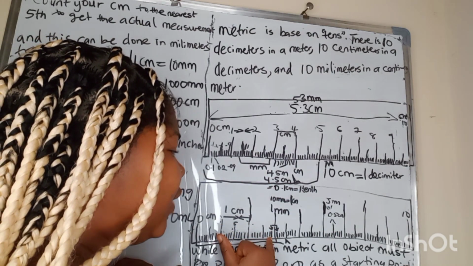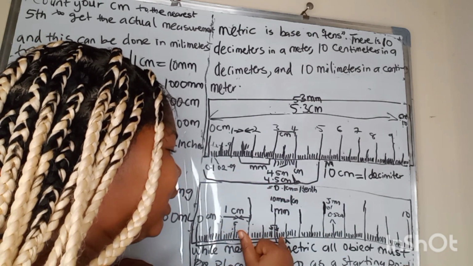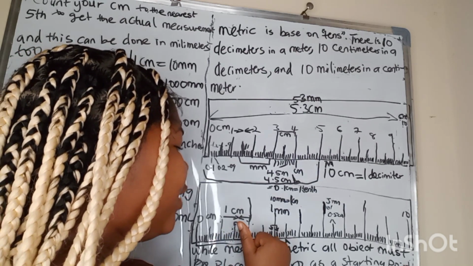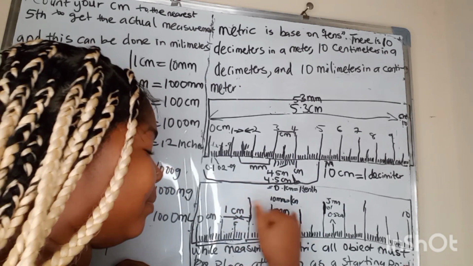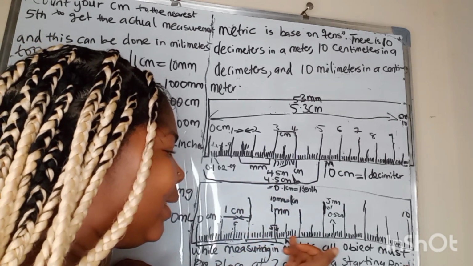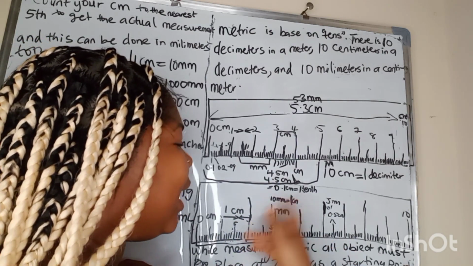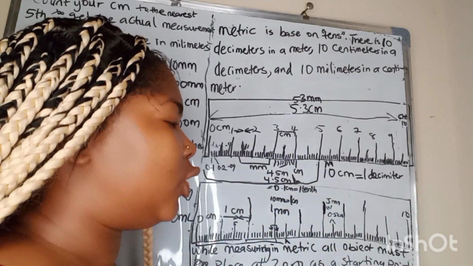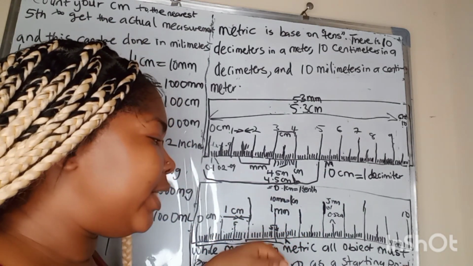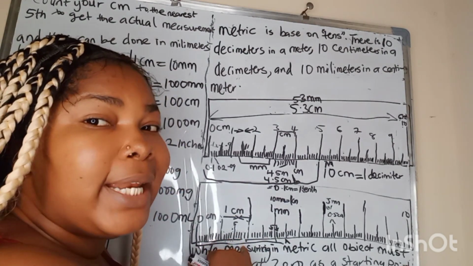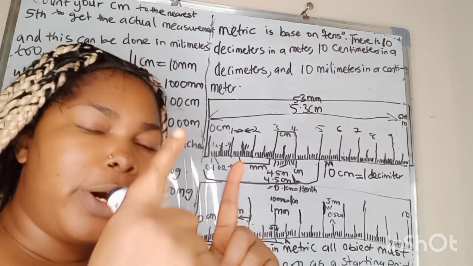Now, in between your hash lines, you have 1, and then you have your longest line, and you have the next one. You can refer to them as millimeters. That's what I just explained. These tiny unit lines or hash lines are referred to as millimeters. So just have it in your mind that 10 of these millimeters, the tiny hash lines, gives you 1 centimeter.